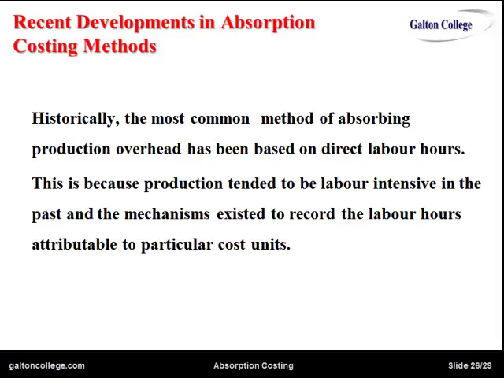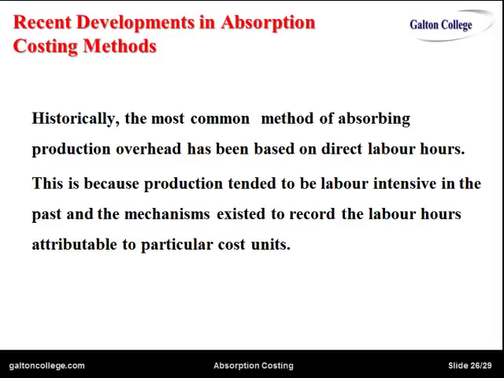There are some recent developments in absorption costing. Historically, the most common method of absorbing production overheads has been based on direct labour hours. This is because production tended to be labour intensive in the past, and the mechanisms existed to record the labour hours attributable to particular unit costs.